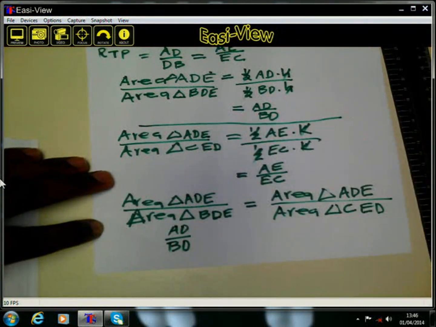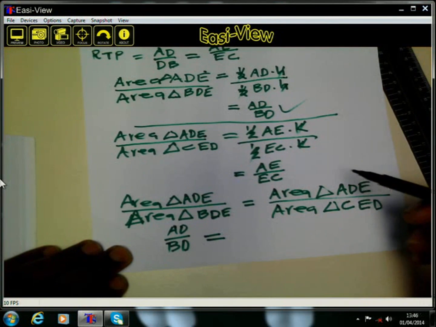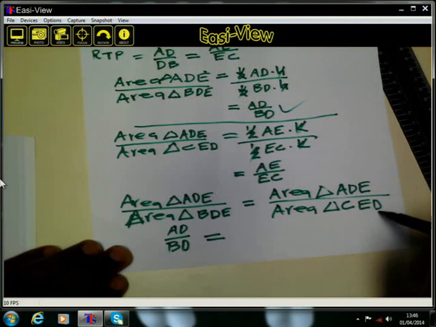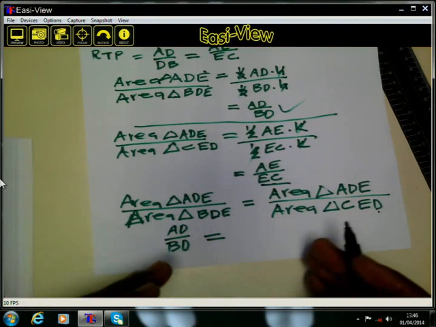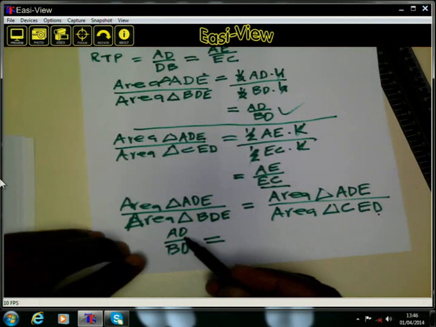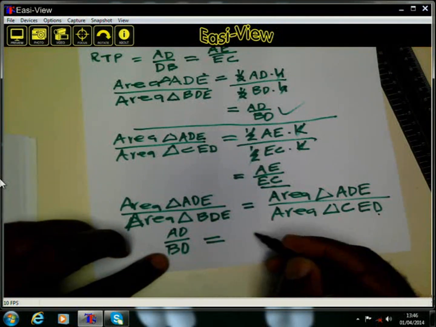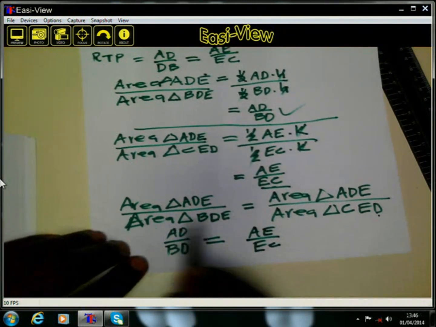This is exactly what I'm talking about. Fine. Then, what about area of triangle ADE over area of triangle CED? This is equal to that. Now, it means we can say side AD over side BD will have to be equal to side AE over side EC. What is the reason for that? Because both of them are equal.